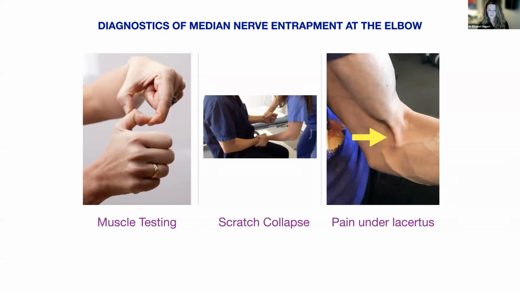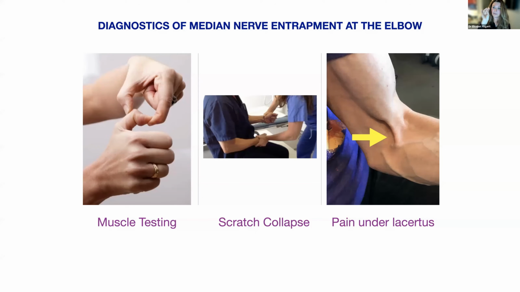When it comes to the muscle testing at the level of the Lacerta fibrosus, it is all about where the axons are located most closely underneath it. For instance, for carpal tunnel syndrome, we all know that in the median nerve under the carpal ligament, the most superficial axons are those to the middle finger.